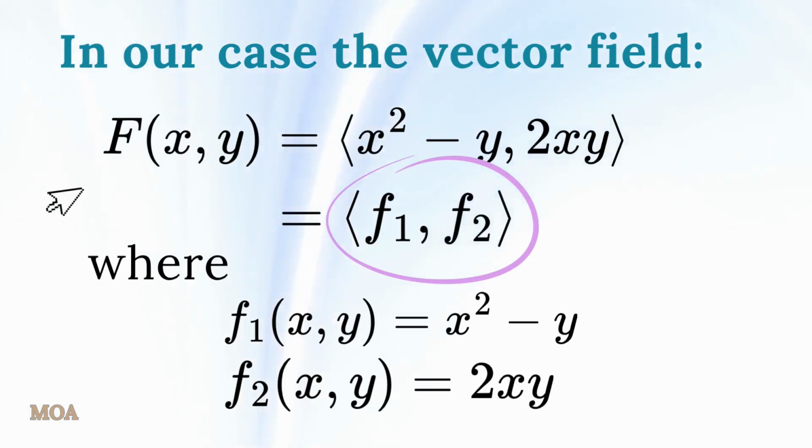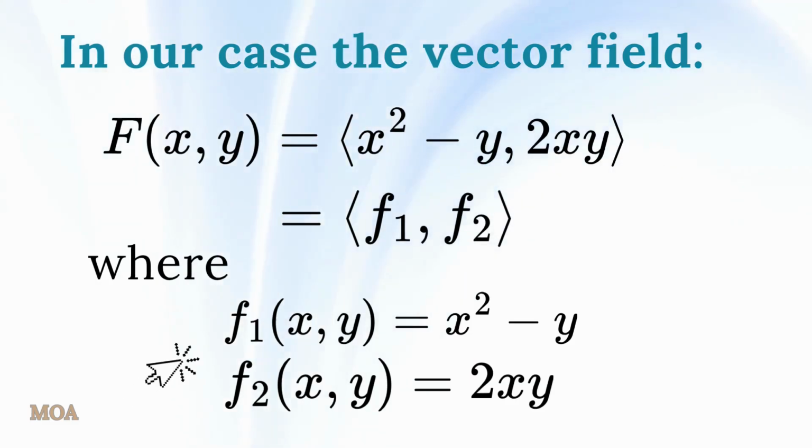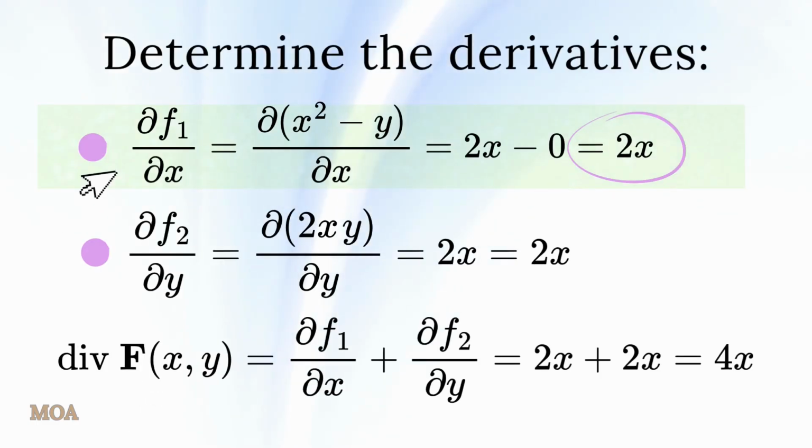Good! In our case, the vector field F is given by F(x, y) = ⟨x² − y, 2xy⟩, which equals ⟨f₁, f₂⟩, where f₁(x, y) equals x² − y, and f₂(x, y) equals 2xy. Now, let's determine the partial derivatives for our components f₁ and f₂. For f₁, the partial derivative with respect to x gives 2x.